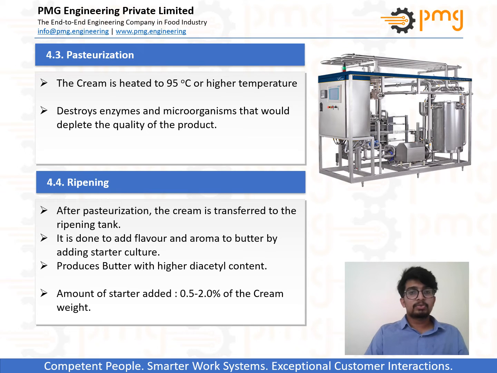Ripening is the process of acidifying the cream with selected microorganisms. Such selected microorganisms are called starter cultures. We add these selected starters to the cream and wait for it to get activated. This will produce a compound called diacetyl, which provides the butter a peculiar and good flavor and aroma.